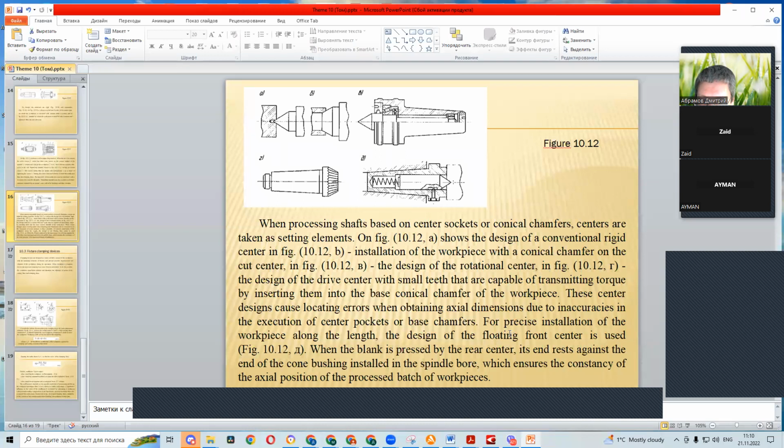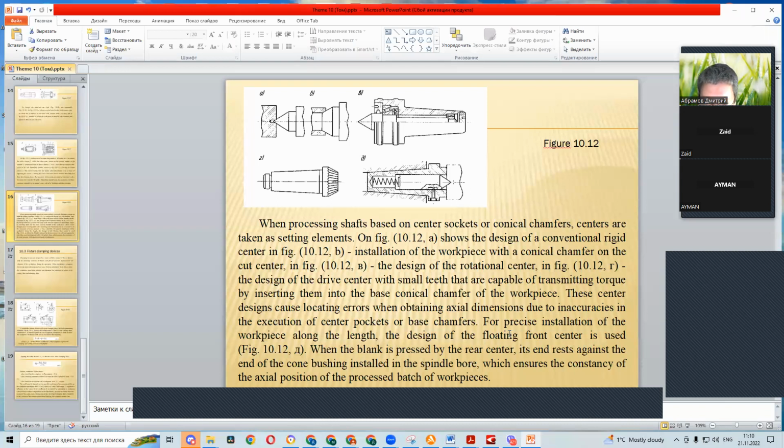For precise installation of the workpiece along the length, the design of the floating front center is used, like in figure 10.12d.